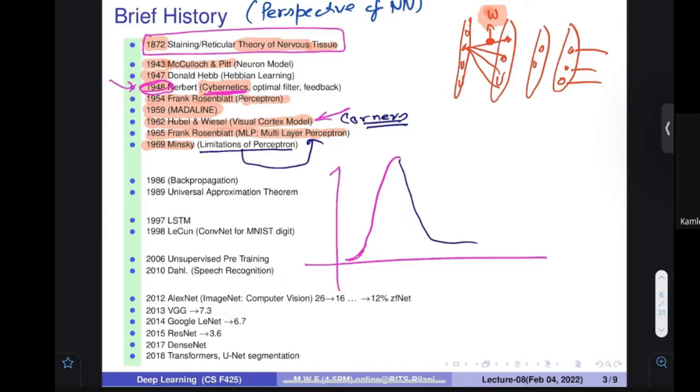Around 1986, the concept which other people were using, called backpropagation, was adopted by the neural network community. What is backpropagation? If you make a small change in this particular W, you try to see what the change in the output is. The difference between the outputs at two different values, you divide by this rate of change.